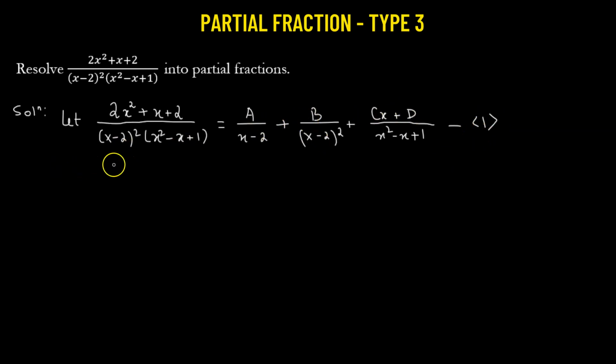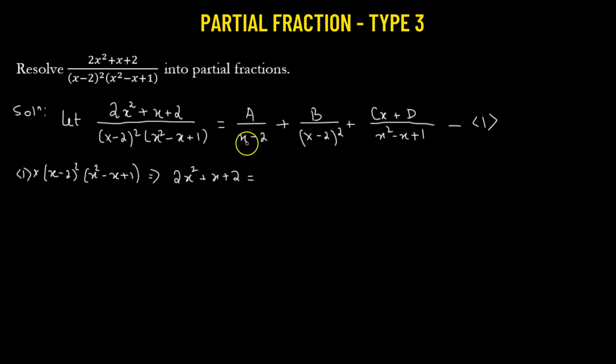So we take equation number 1 and multiply both sides by x minus 2 whole squared times x squared minus x plus 1, such that on the left hand side we are only left with 2x squared plus x plus 2.